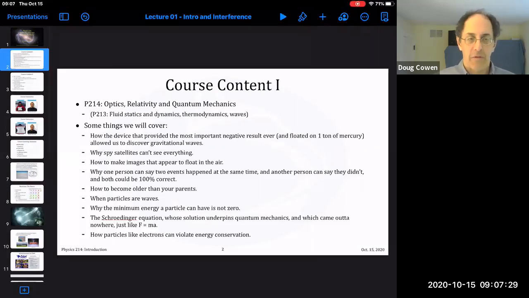And just like F equals ma, it basically came out of nowhere. The person who discovered it, Schrödinger, and Newton, basically came up with it out of thin air. And we'll also talk about, for example, how particles like electrons can violate the hallowed law of energy conservation.